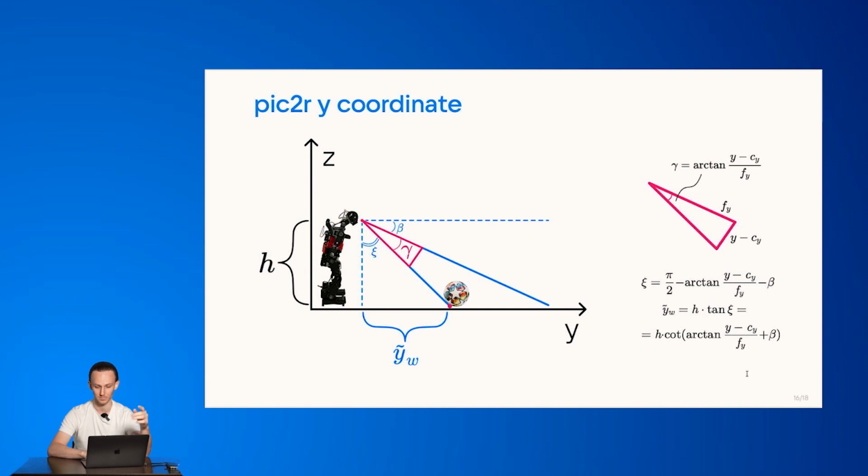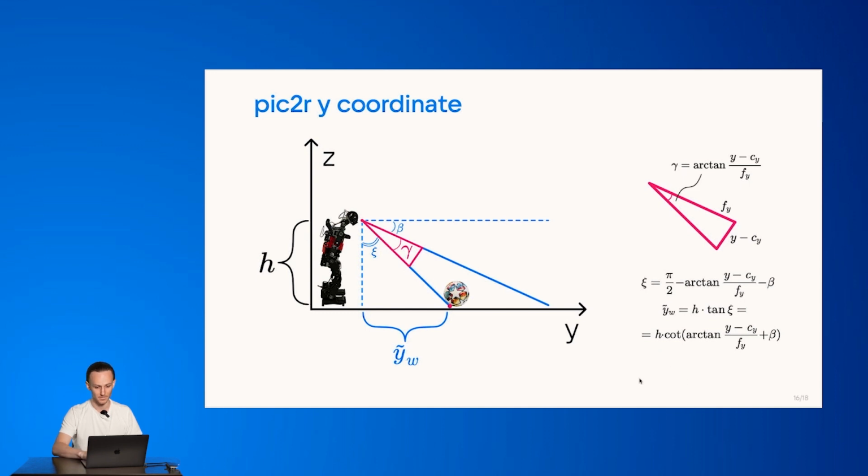Or if we just move it all around, it will be cotangent of the same angle, but pi over 2 minus xi. That's it. And this whole procedure gives us the distance from the robot to the line where the ball belongs. After that, we have to deal with the x coordinate, but that will be simpler.